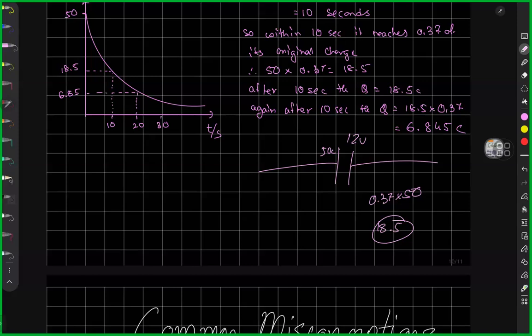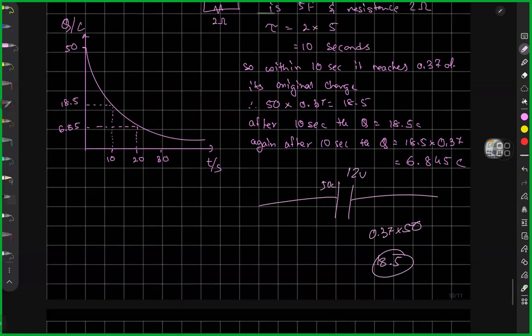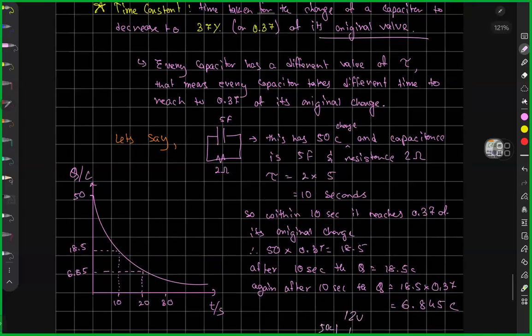That is the time constant. So by finding out how long it takes for a capacitor to reach 37% of its initial value, I create a standardized system to understand how fast or slow a capacitor discharges. Why 37? I'll explain that as well. Don't worry.